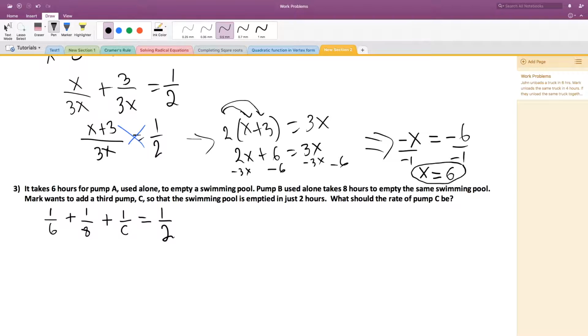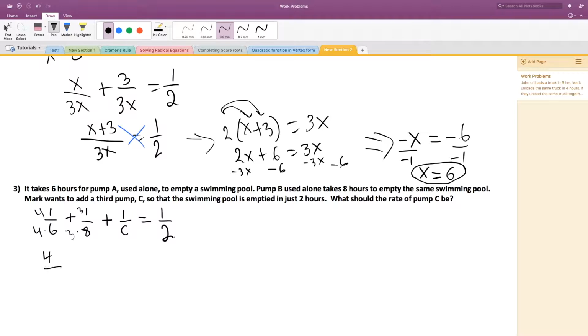Okay, so the next thing we're going to do is put all this into just one fraction. To do that, I'm going to first put these 2 fractions into a single fraction. So I'm going to multiply this by 4, here by 3, by 3.